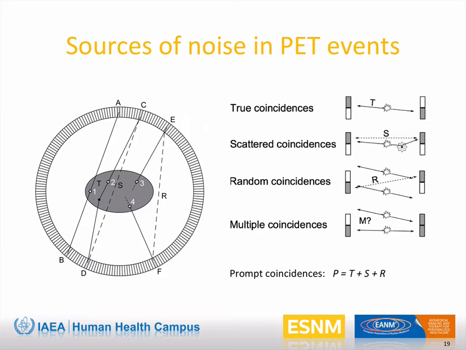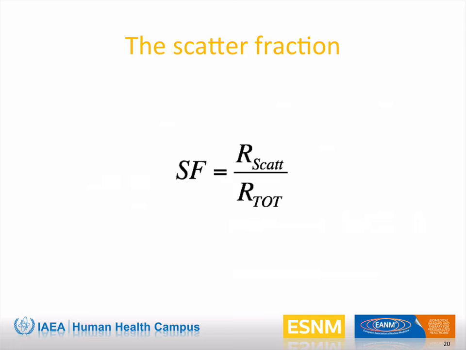Note that the definition of true, random, scatter, and multiple counts assume perfect detectors. The measured true and scattered count rates vary linearly with the activity present in the field of view. On the other hand, the ratio between T and S can be usually considered constant.